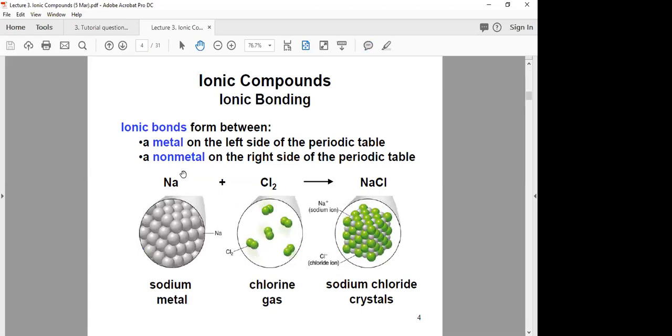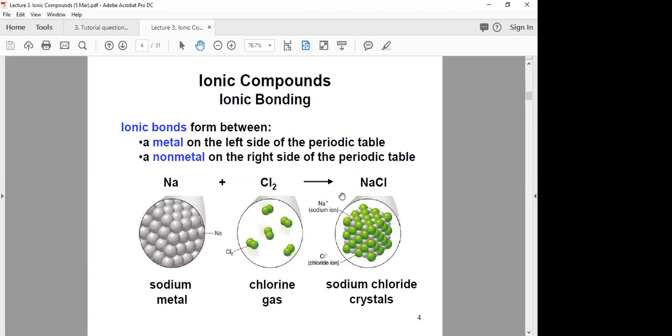Now, an atom of sodium tends to join with an atom of chlorine. It's showing two here, but one sodium tends to react with one chlorine to form this compound, sodium chloride. Okay, one sodium and one chlorine.